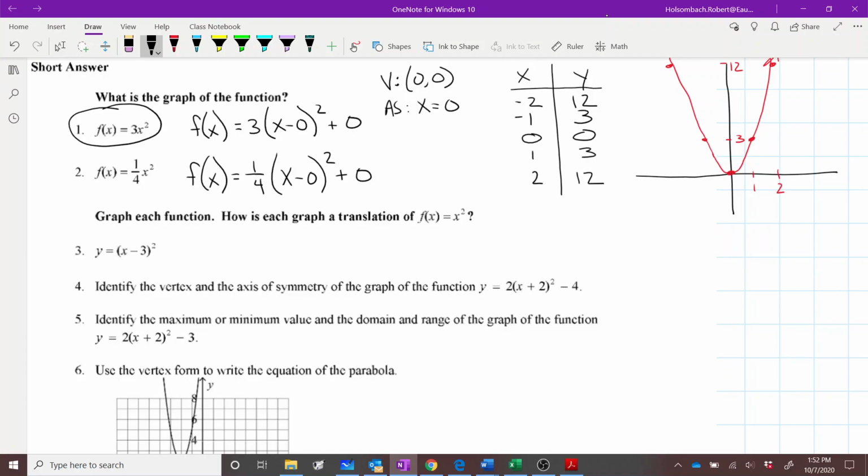Alright, number 3, graph each function. How is each graph a translation of f of x equals x squared?